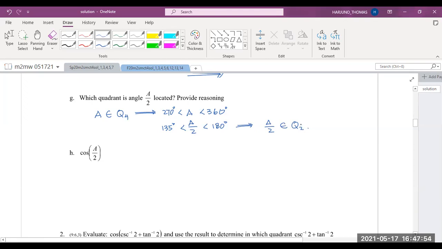Okay, now we use that to help us find cosine A over 2. A over 2 is in quadrant 2, so cosine must be negative square root of 1 plus cosine A over 2.